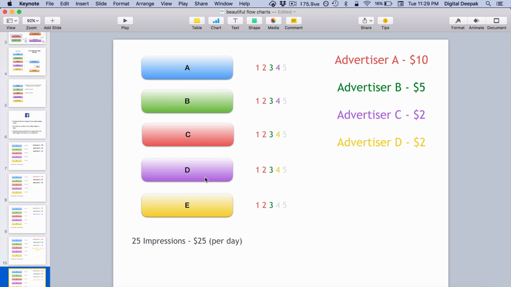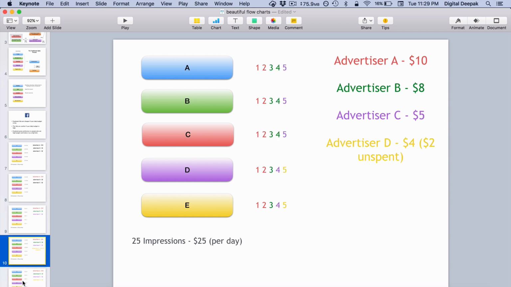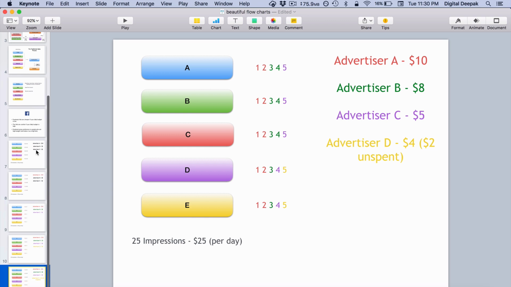So since we have a very simple model here, obviously there are limitations where we are not taking into account, we are basically calculating every impression as every dollar, and we are working only with 5 people and 25 impressions. So there are some limitations in this model, but I believe this is how Facebook ads work, and this is how the ad inventory is filled up.